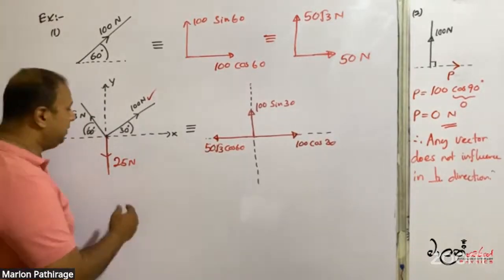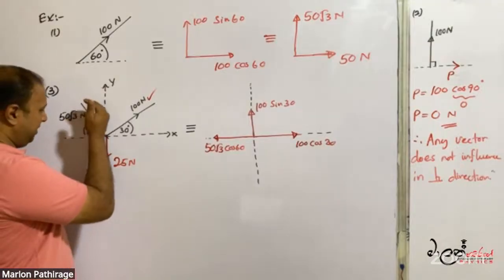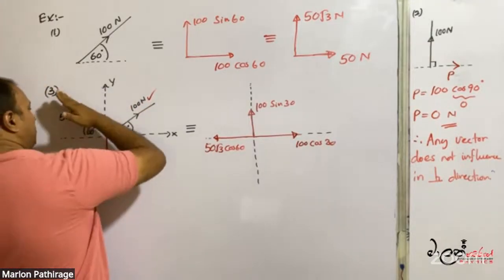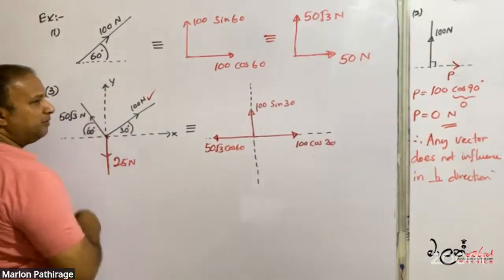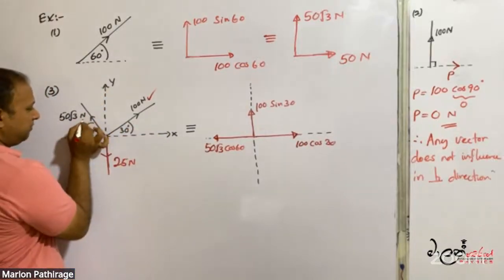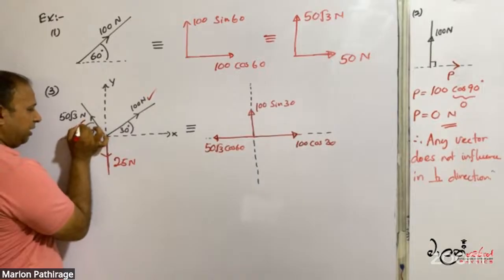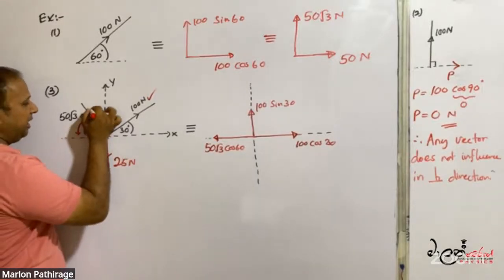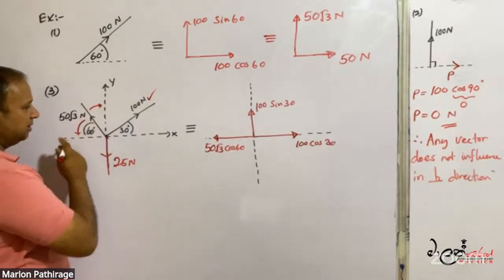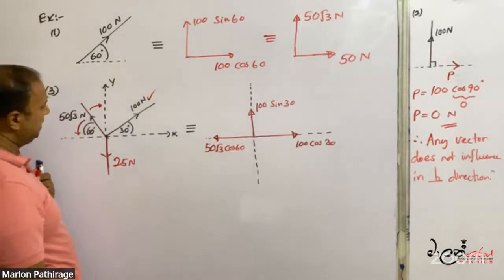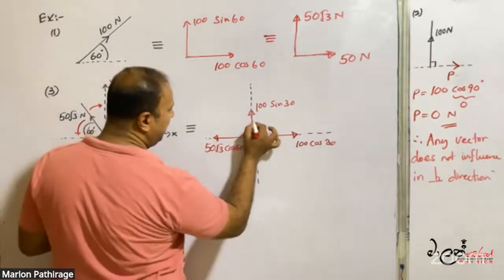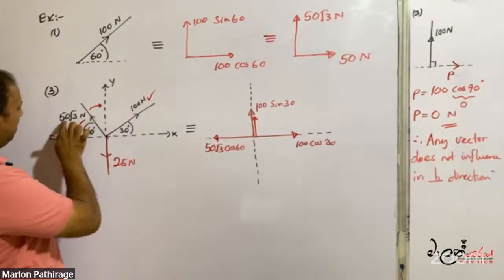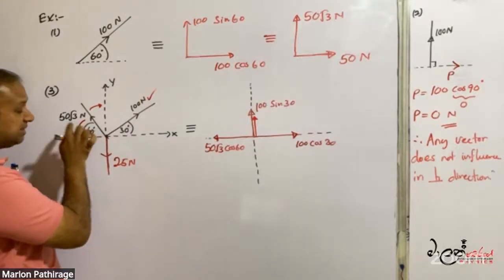You cannot take only one. If you resolve this one, you have to consider both components, one horizontal and the other vertical. If you resolve this vector, you will have a vector in this direction as well as upward. Therefore, upward there is another force, 50 root 3 sin 60.